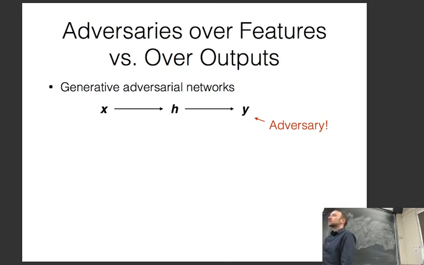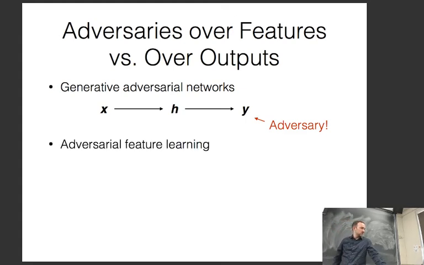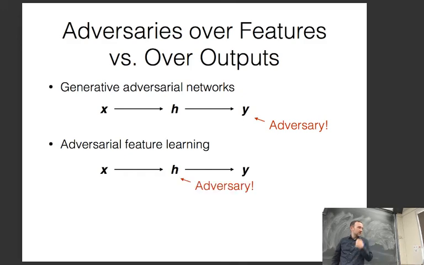This is good because it lets you generate real-looking outputs. But another very nice way of doing learning is to create an adversary over this H here. So this is saying the features you extract from X need to satisfy some property that we learn using an adversarial objective. So why would you want to do this?